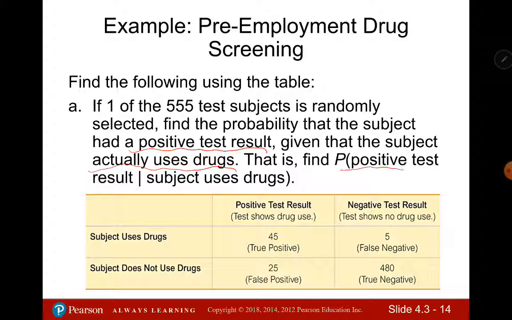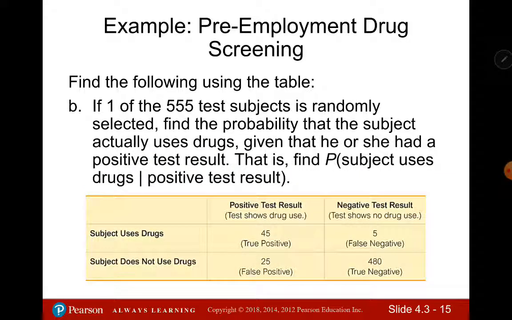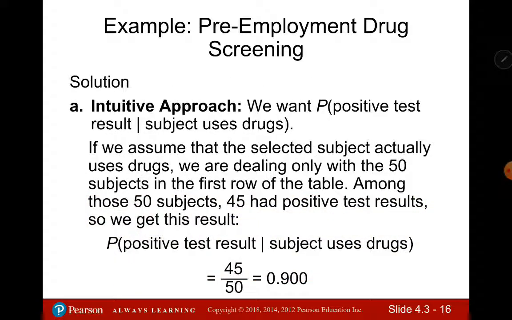So this is event B with the condition uses drugs. Okay, let's see the solution. We can just use the intuitive approach.